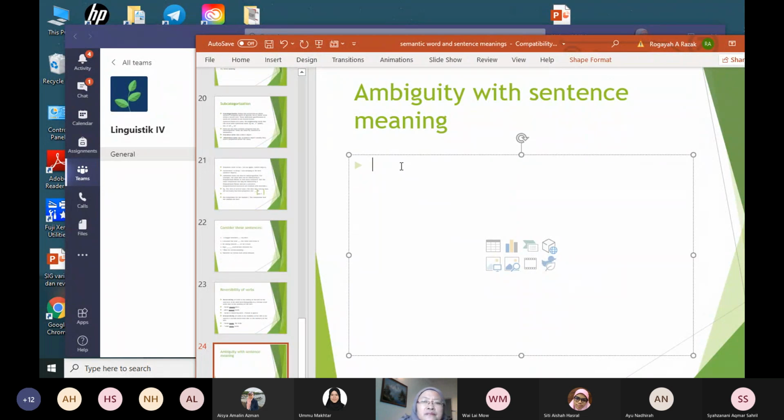It means you can have: I saw the man with the camera. This is ambiguous. So it can be I saw the man using a camera. So let's say this is number 1, so this is 1A.